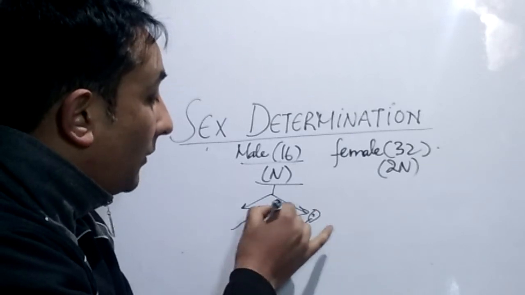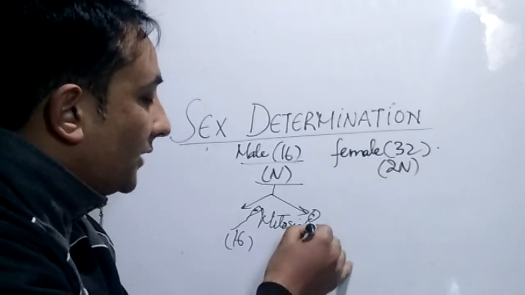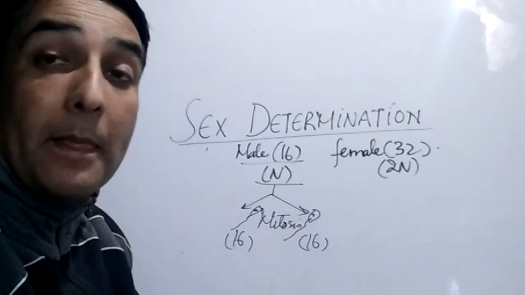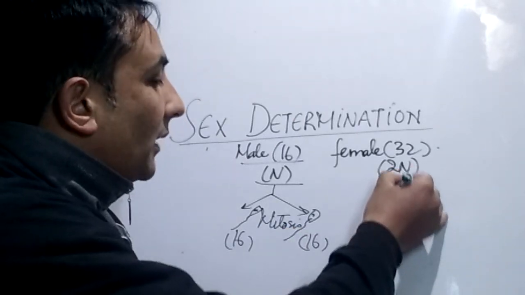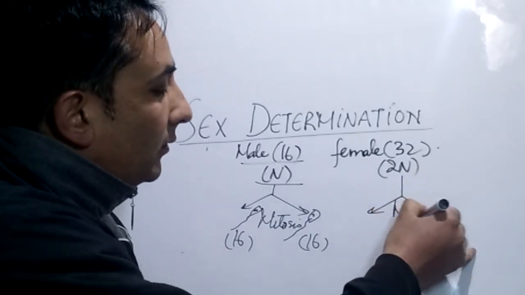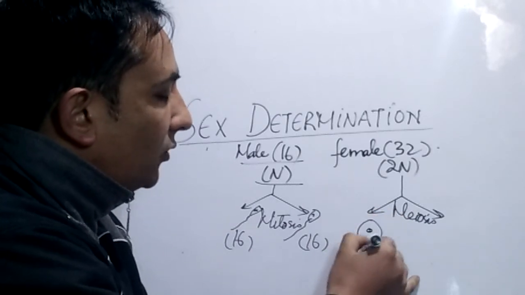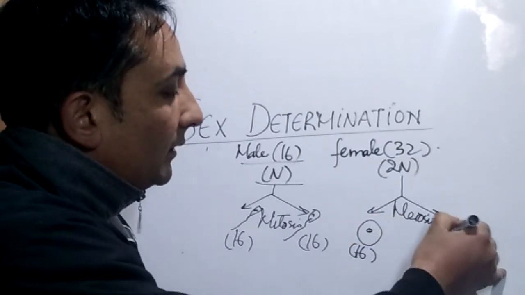Each of the spermatozoa will contain 16 chromosomes in case of the honeybee, but the ova are formed by the process of meiosis. And each ovum will have 16 chromosomes.